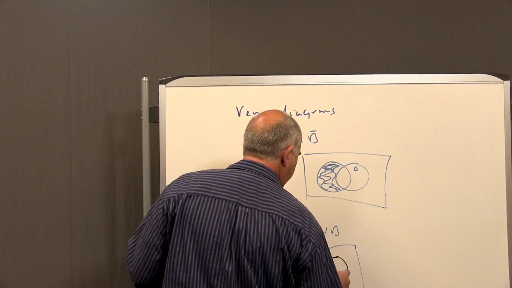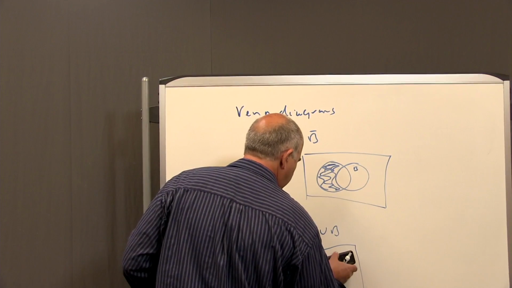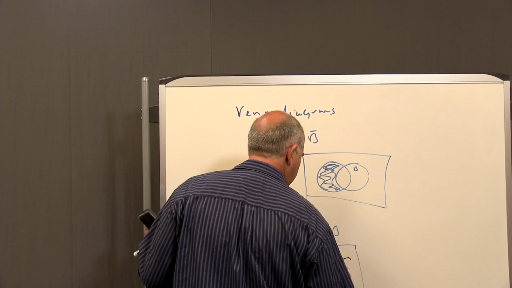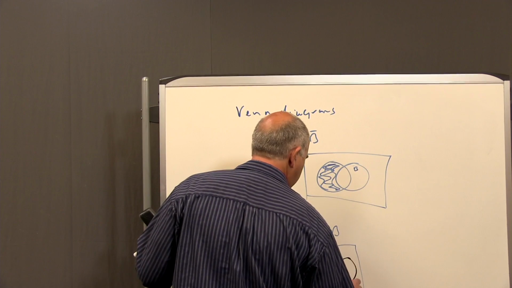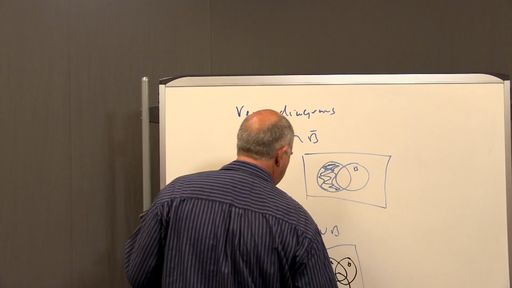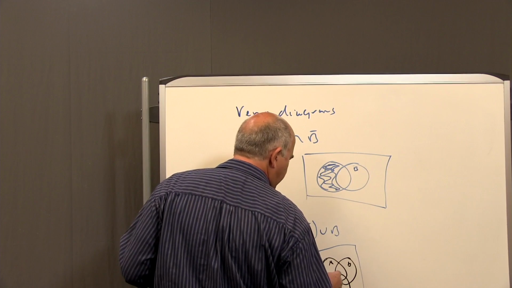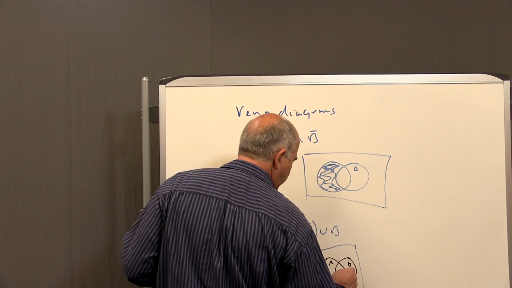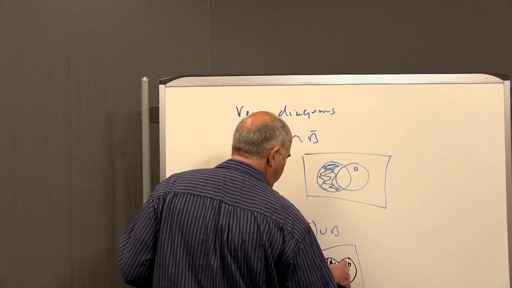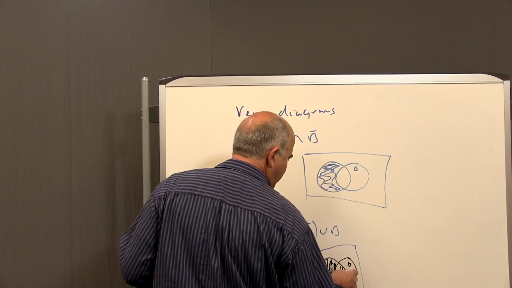This is A, this is B, and this is C. All the stuff that's in A and not in C, so this is all this stuff, put together with all the stuff that's in B, right?